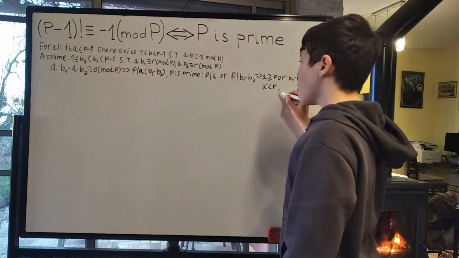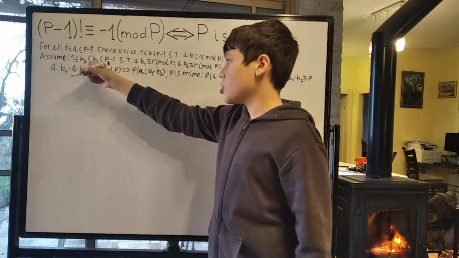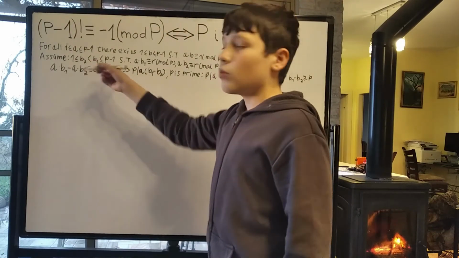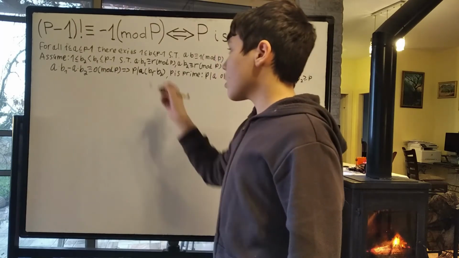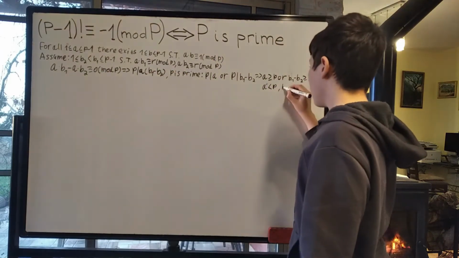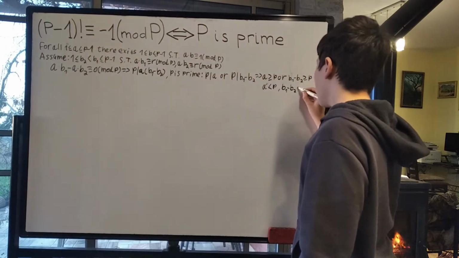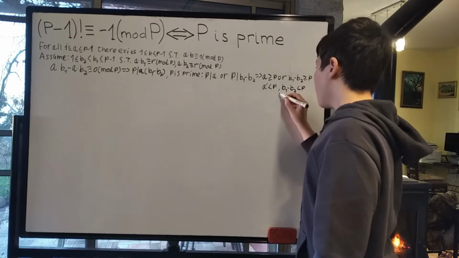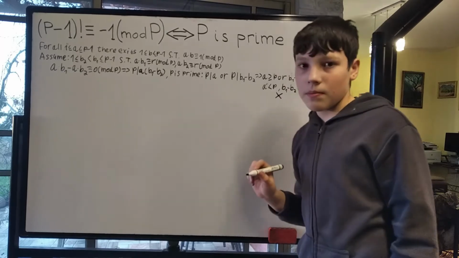And because b1 is bigger than b2, we know that b1 − b2 will still be smaller than p, because both b1 and b2 are between 1 and p − 1. So b1 − b2 is also smaller than p. But here we get our contradiction.